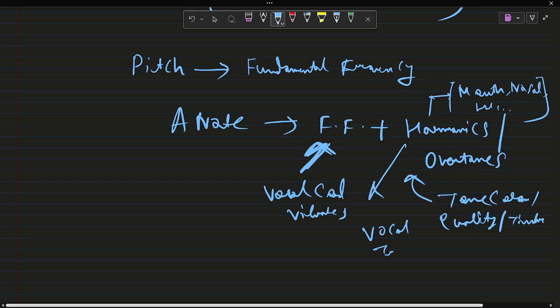For that phenomenon of boosting frequency regions, we get the resonance of an instrument, or resonance for a voice.